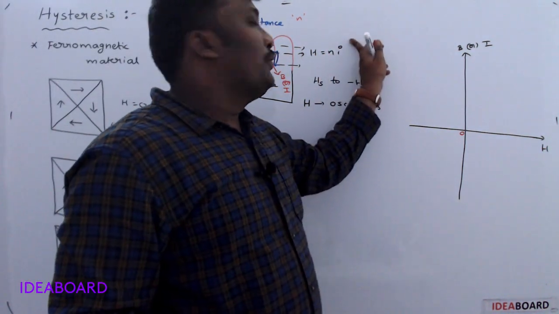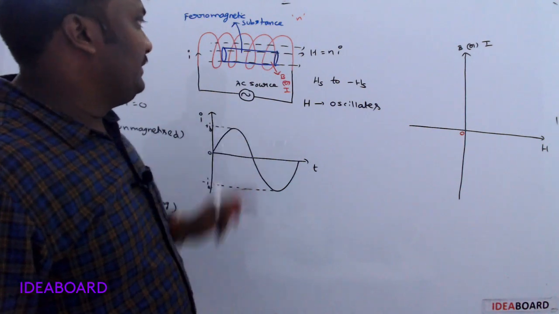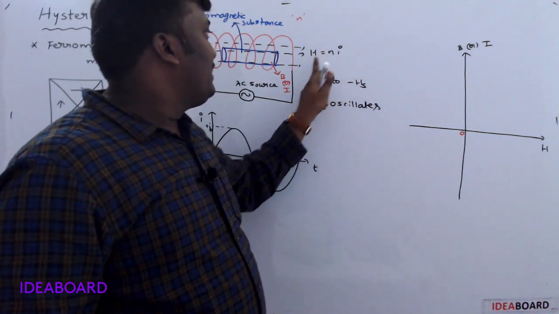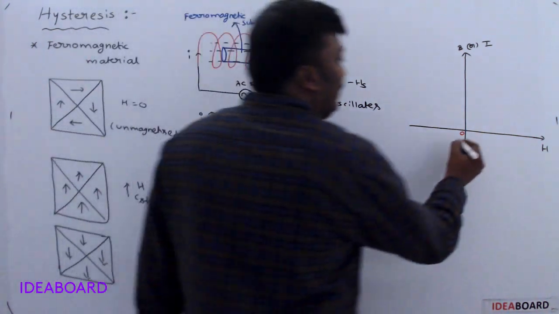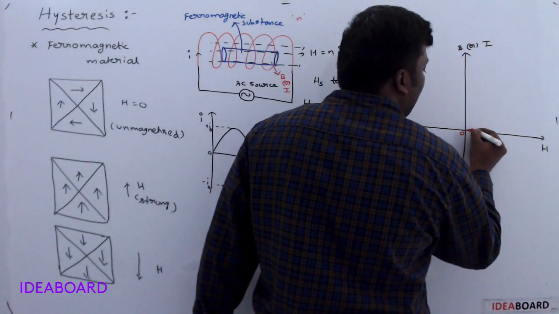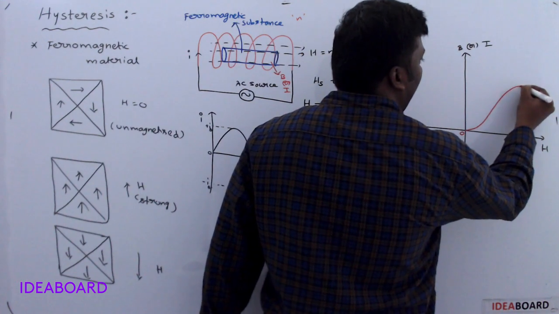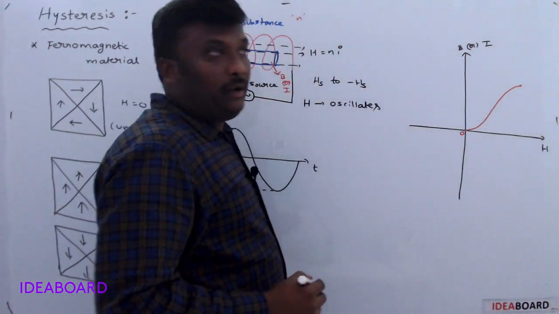H increases continuously by increasing the current. Whenever the current increases, H increases and reaches a maximum value of Hs. That's why I also increases and reaches a maximum value.